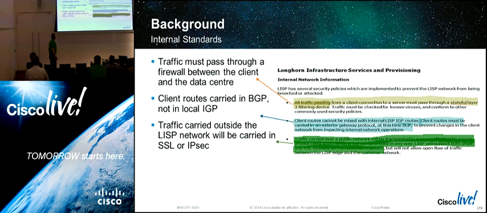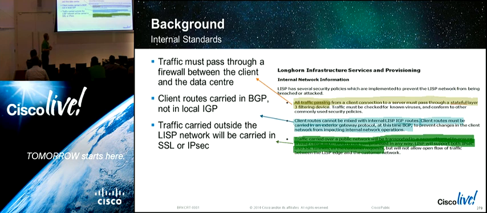The policy for traffic to go through this network, they have some important policies. All traffic from a client connection to a server must pass through a stateful layer 3 filtering device. Traffic must be checked for viruses and conform to other common security problems, right? So these people who are outside the data center, customers who use these data center services, when they're tunneled in, which we'll see, they have to go through a firewall before they get into the data center, okay?